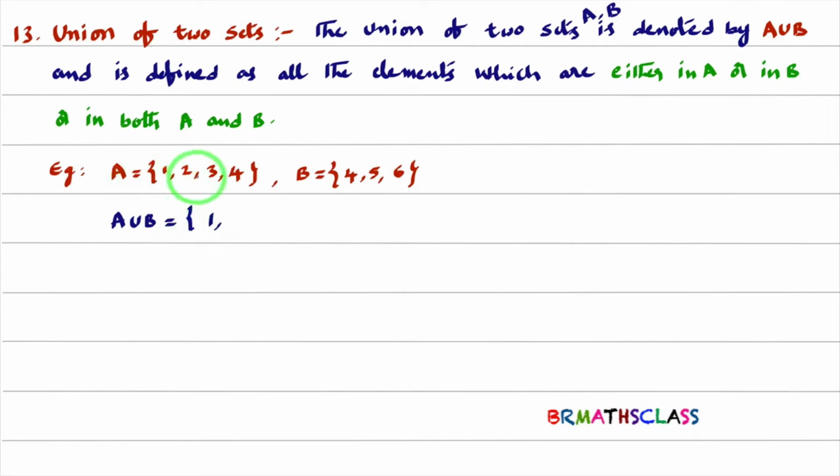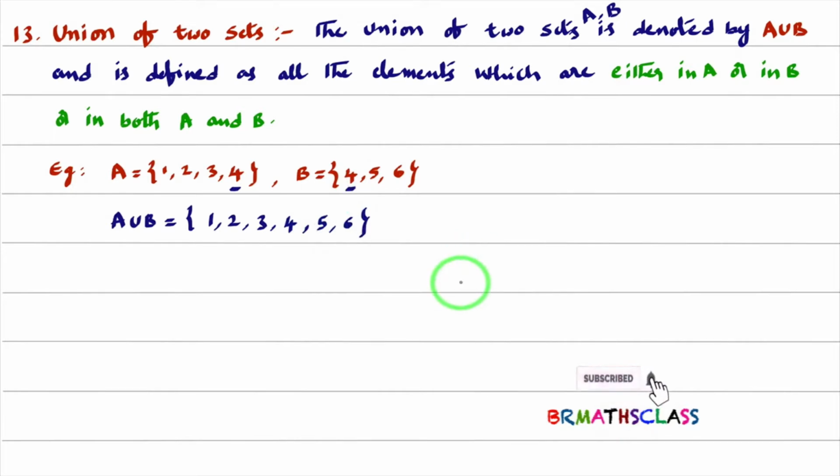If the element is present in A or present in B, then it will be in A union B. 2 is there in A, so it comes in A union B. 3 is there in A, so it comes in A union B. You observe 4 is there in both A and B. Elements which are present either in A or in B or in both A and B, so even though 4 is there in both the sets, it comes in A union B. See 5 is present in B, so it is present either in A or in B. Next 6. So in this way we will calculate A union B.